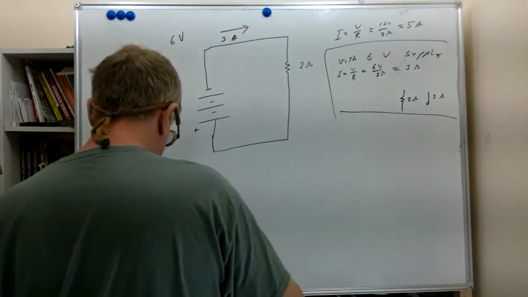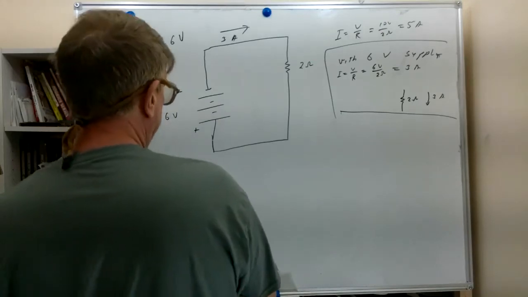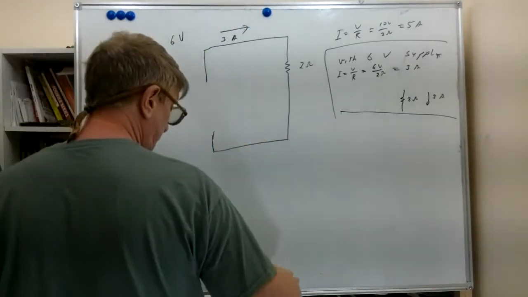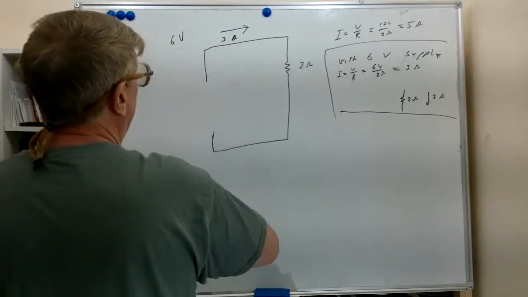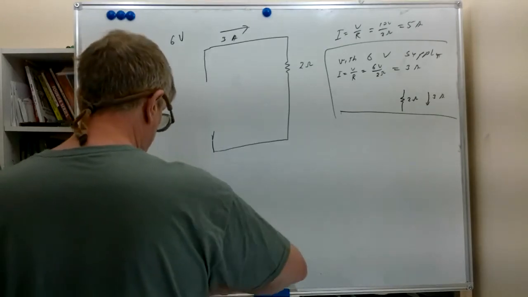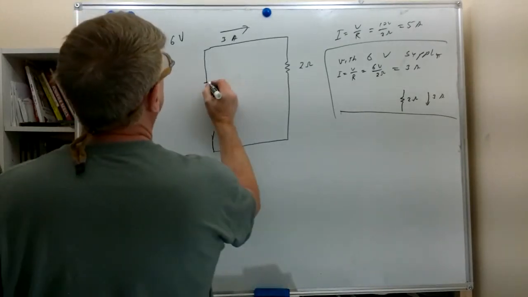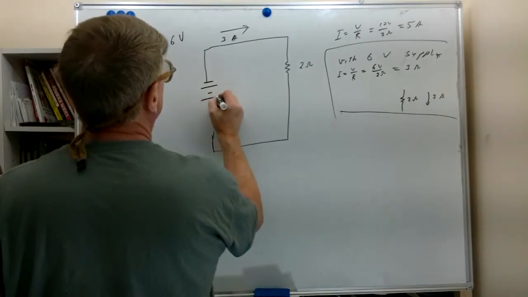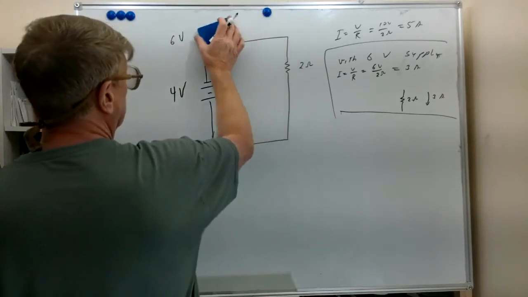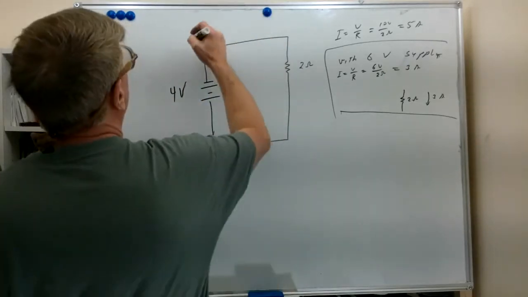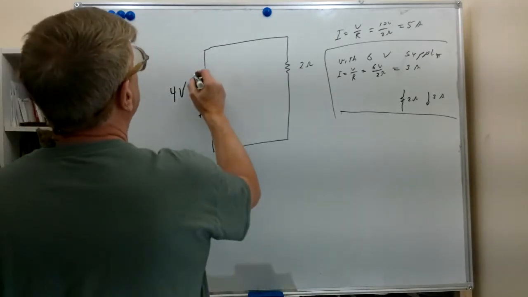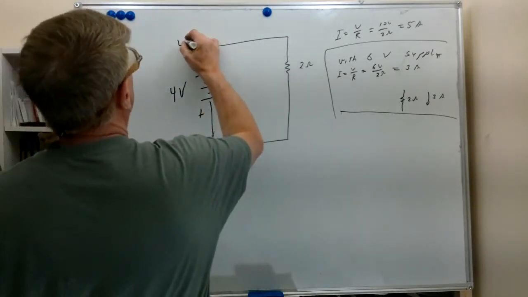Now we're going to change things a little bit. We're going to imagine we only had the 4-volt supply in there. So instead of the 6 volts or the 10 volts that we had, we have a total of 4 volts.